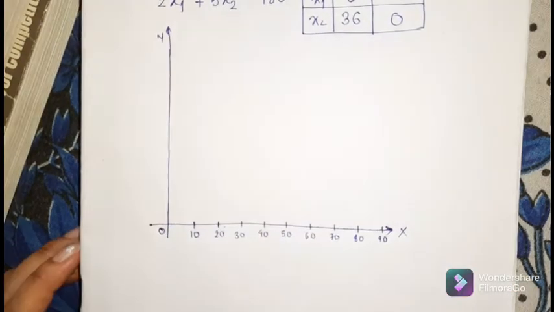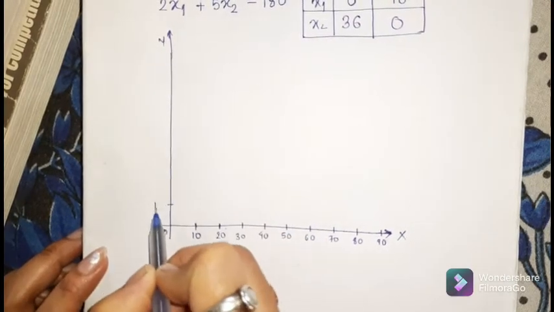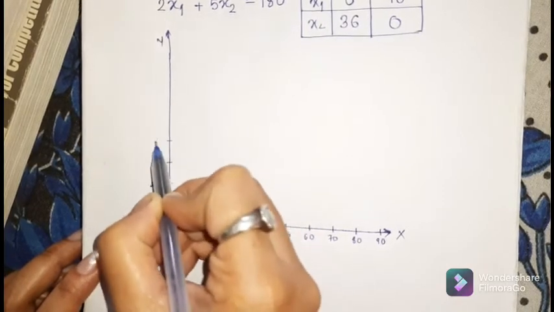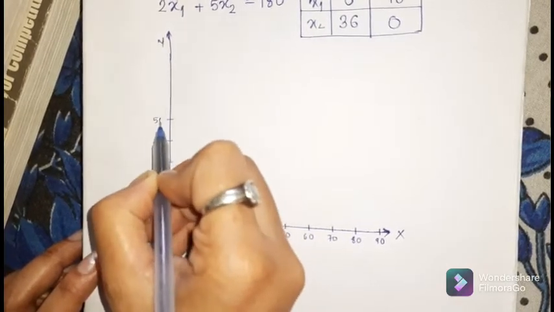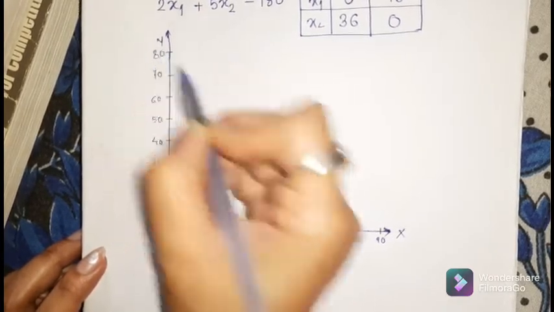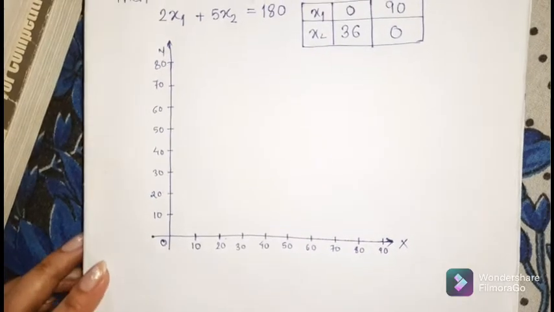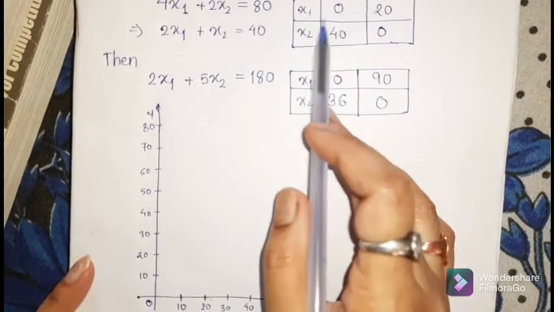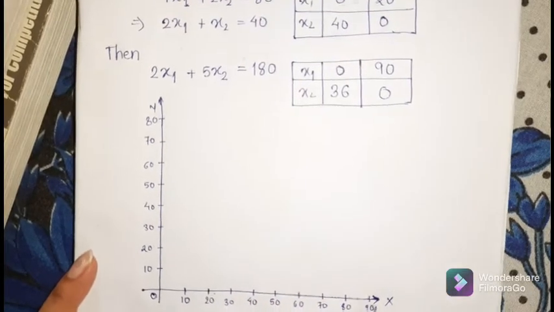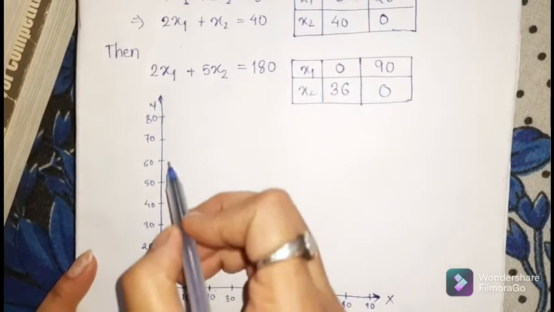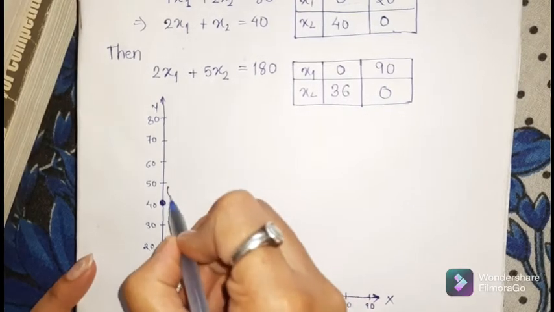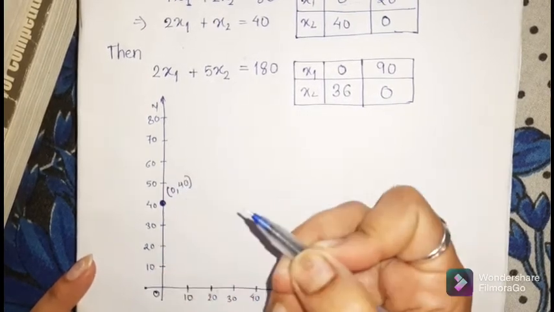Here also this is 10, 20, 30, 40, 50, 60, 70, 80. Okay. So the first point is x1 0, x2 40, meaning x1 along x and x2 along y, this is 40. So this point is 0, 40, right?